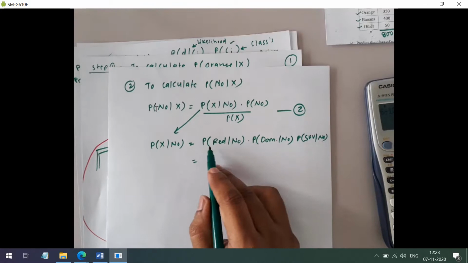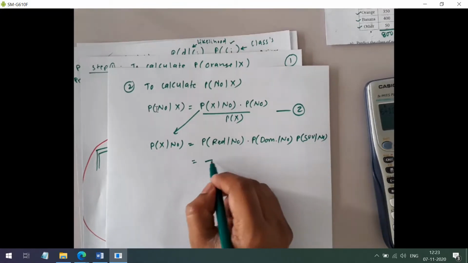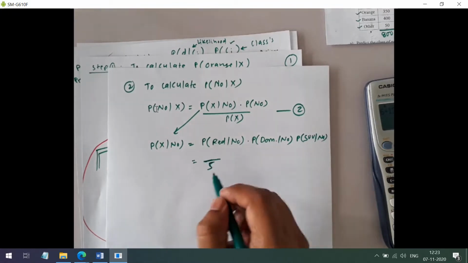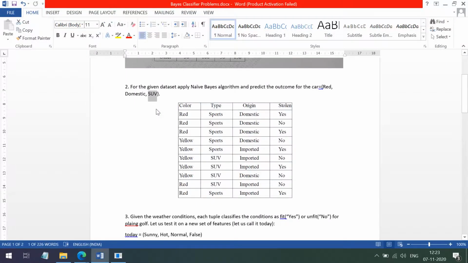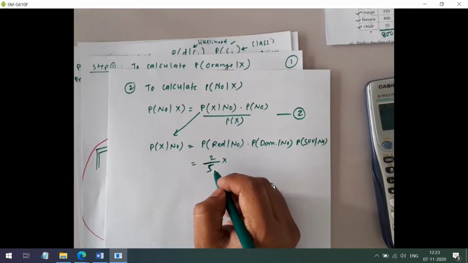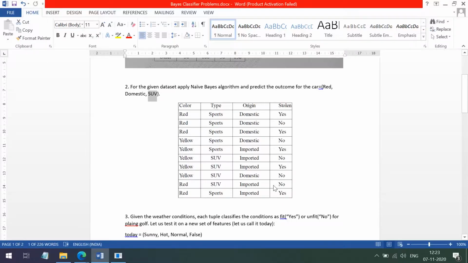How many no's are there? 5. And in that, how many reds are there? Red no 1, 2. So it is 2 by 5.